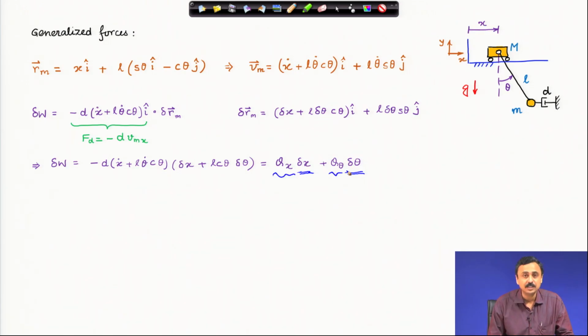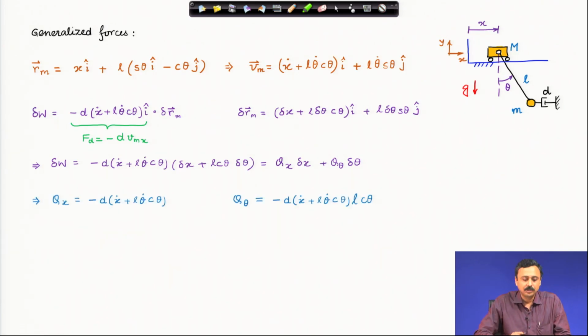The first coordinate is a displacement coordinate, therefore capital Q x must be a force, so that the dimension is work. The second generalized force, capital Q theta, is getting multiplied by an angular coordinate variation. Therefore, capital Q theta must have dimensions of moment, so that the product of Q theta delta theta is work.